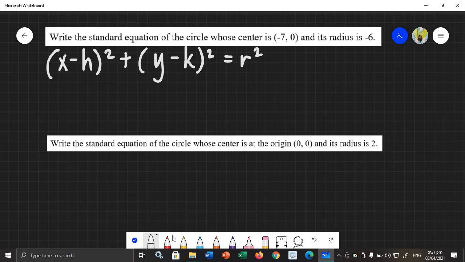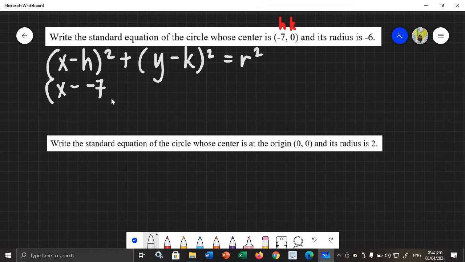Okay? And then, substitute the values of h and k, which is the center, and the value of r, or the radius. So, we have quantity x minus negative 7.